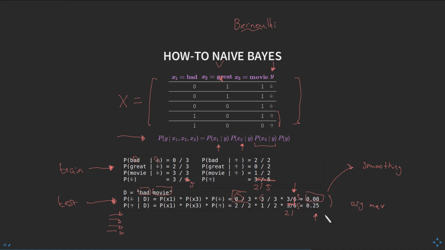We just take the one with the highest probability, and that is our thumbs down. So that's what the classifier would actually predict, that this is a negative sentiment, right? This string over here would return negative as sentiment.